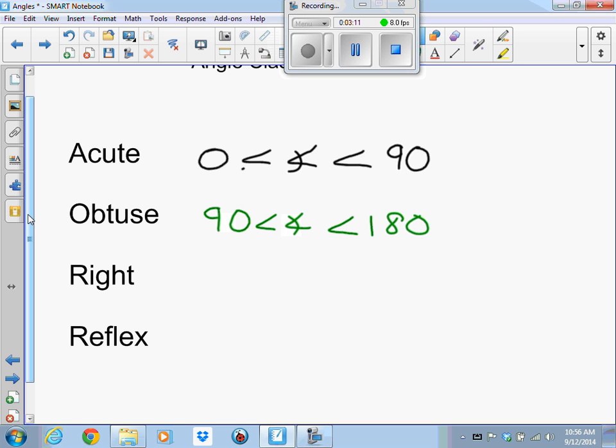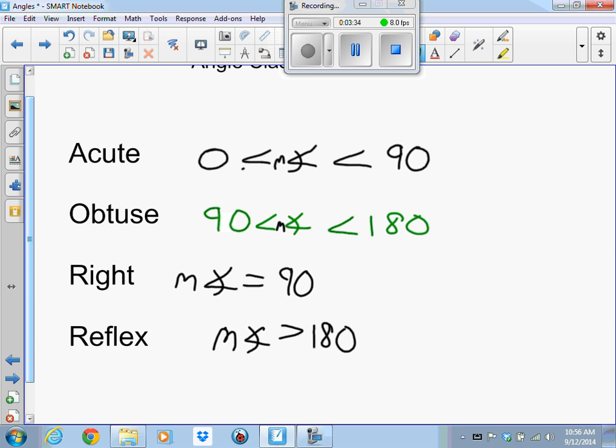A right angle is when the measure of the angle is equal to 90. You should all have ends on them. Reflex is when the measure of the angle is greater than 180.